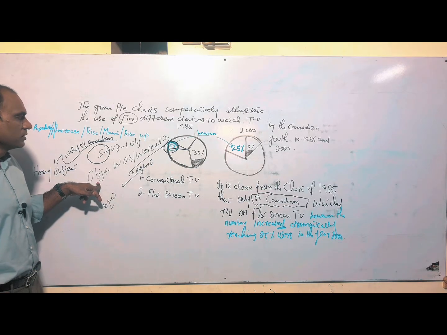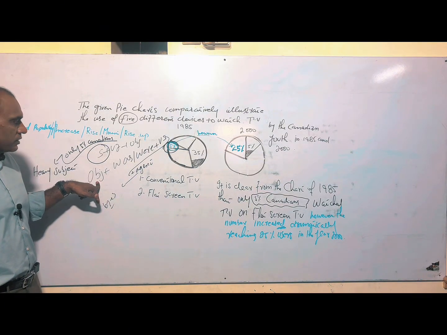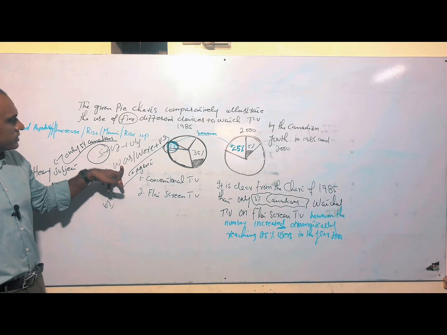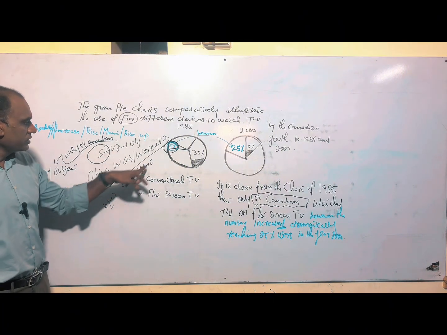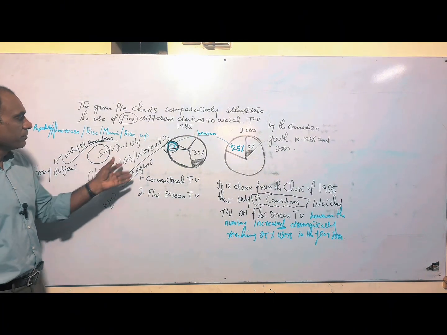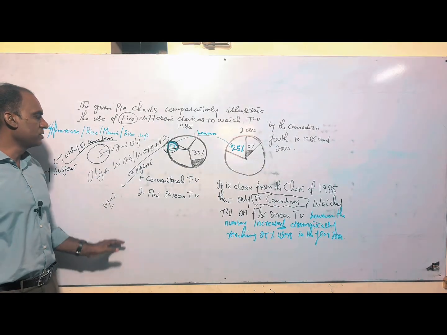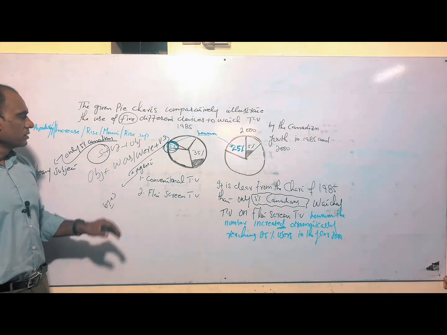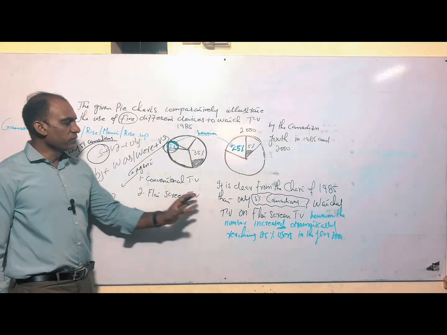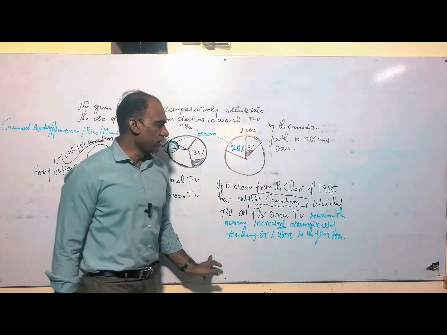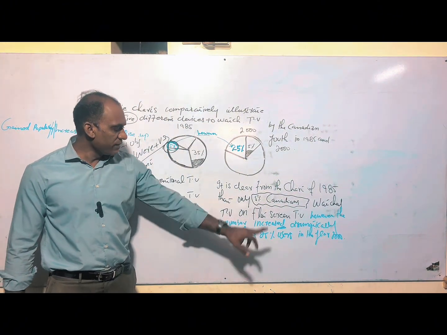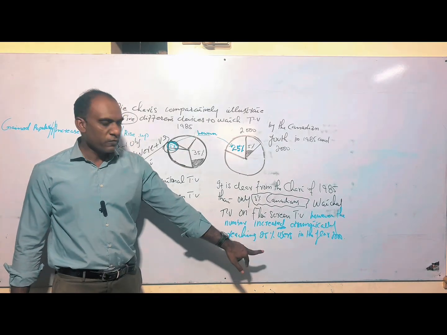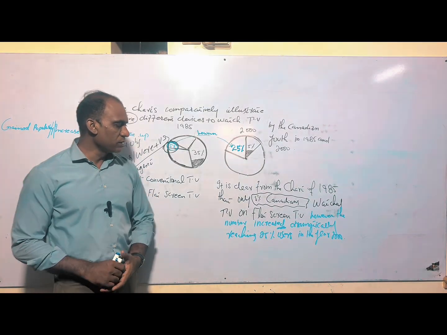You can say flat screen TV was used by the Canadians, only 5% Canadians watched TV. Then you can write the same sentence after that. However, the number increased dramatically, reaching 25% in the year 2000.